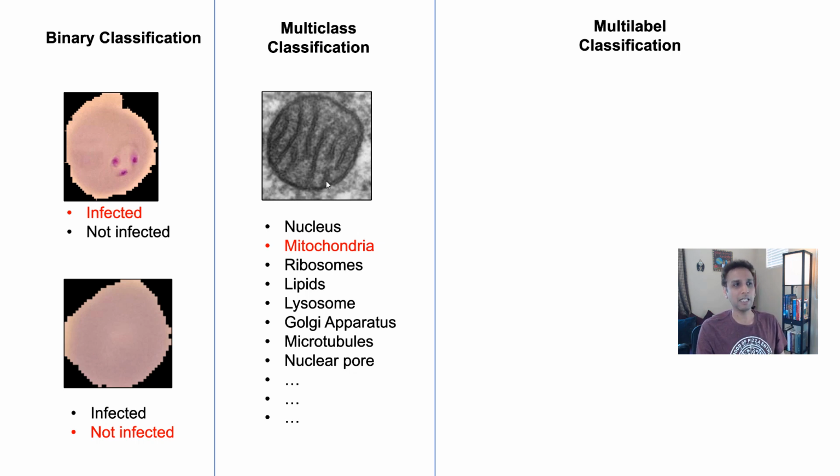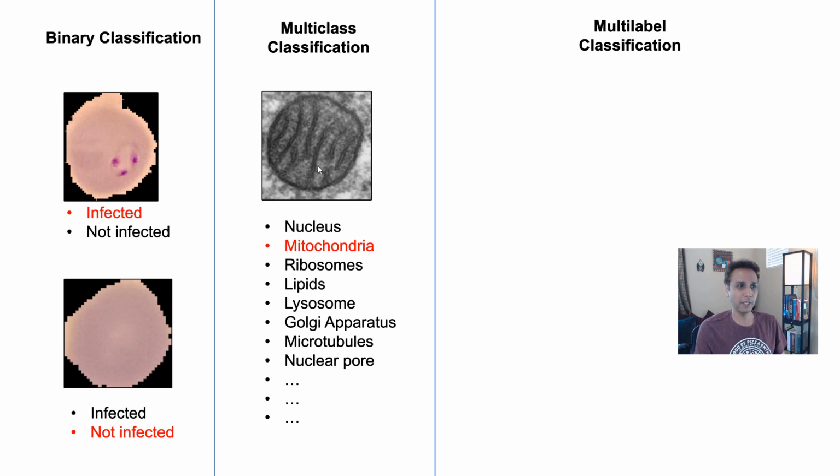Here, multiple classes. I took an image of mitochondria. Now, if you're trying to classify this image, it has some of these going on. This is infected, that's not infected. In this case, this is mitochondria. It could be any of these organelles that's part of a cell, that's how I'm defining my problem.